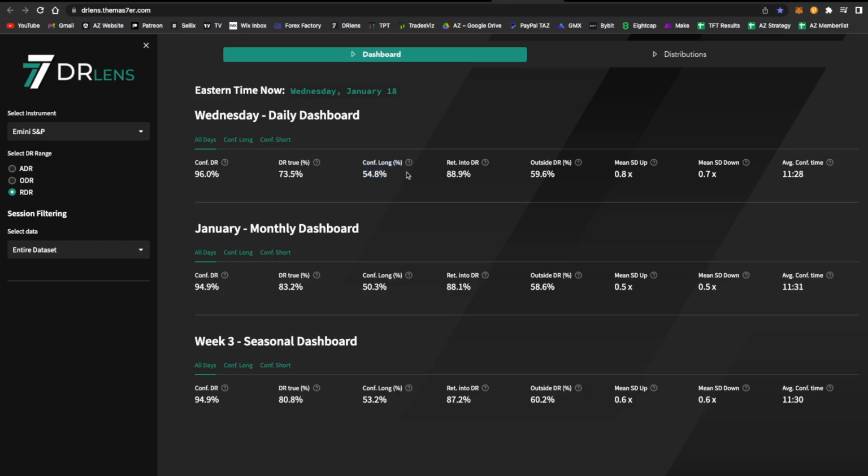So we see at almost 90% of the times we get a retracement after a confirmation and back into the DR. The average mean standard deviation to the upside would be 0.8. Mean standard deviation down 0.7, and our average confirmation time on Wednesdays is at 11:28, compared to the January month at 11:31, and the week 3 seasonal dashboard.